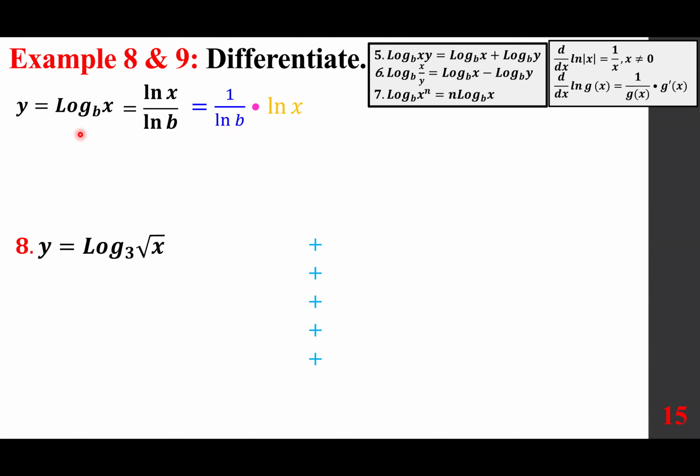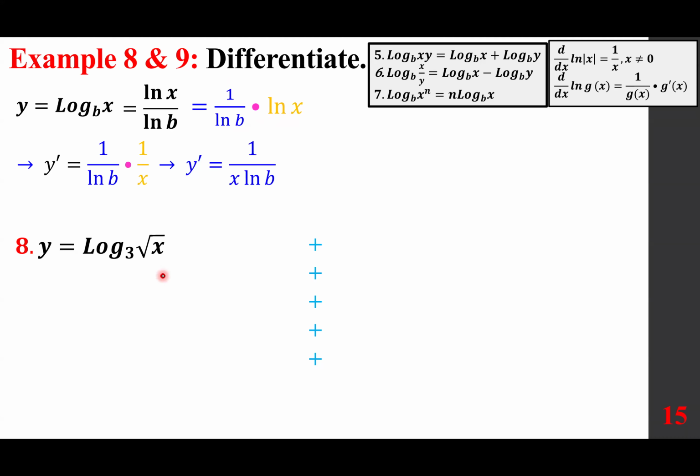So when you differentiate this, it doesn't change. You just differentiate ln x. So y prime is 1 over ln b times the derivative of ln x, which is 1 over x. And you rewrite it as 1 over x ln b.